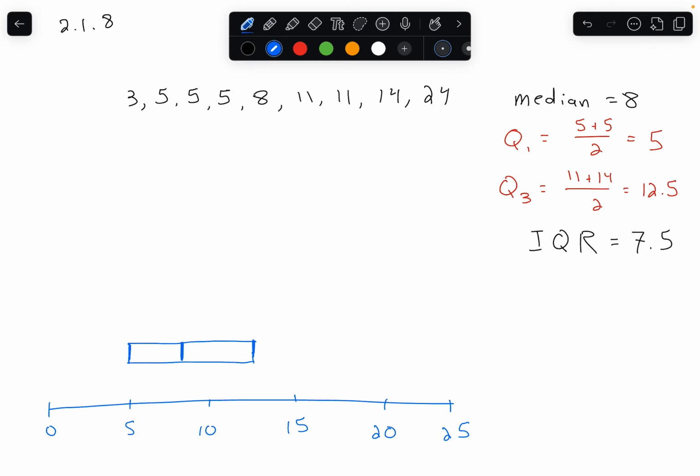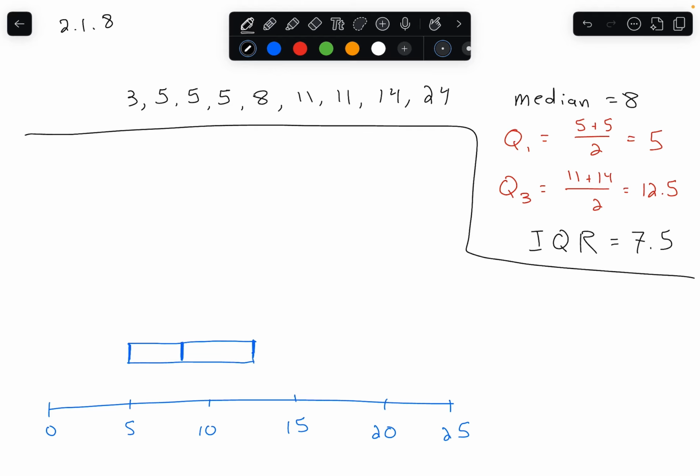Now we've got to talk about the whisker. Sometimes it's called a box and whisker plot. This is the part that students tend to struggle with. So what I'm going to do is find what's called the lower and the upper fence. Some books might have different terms for these. I'm going to go ahead and start with the upper fence. So the upper fence for this problem is Q3 plus 1.5 times my IQR.